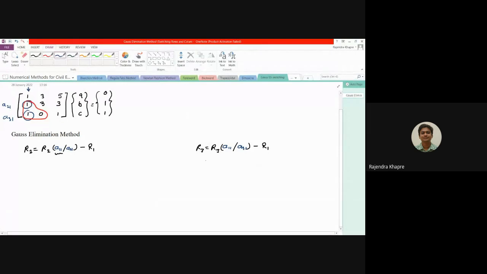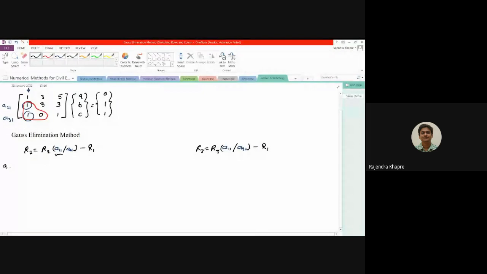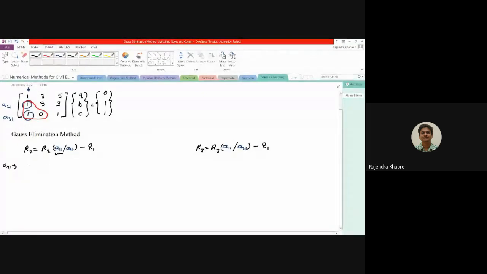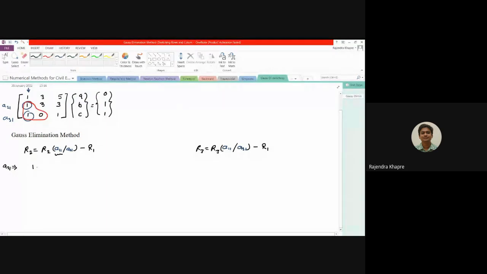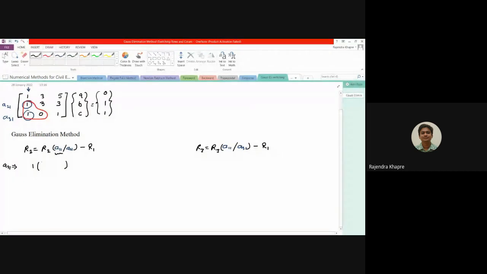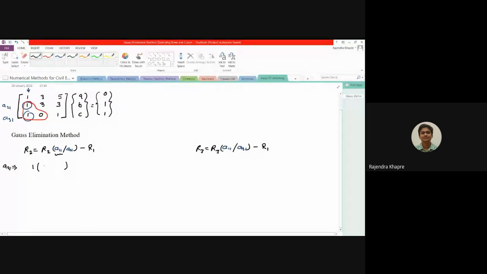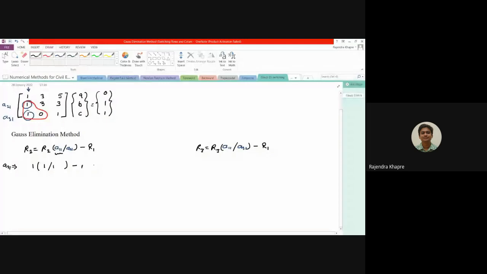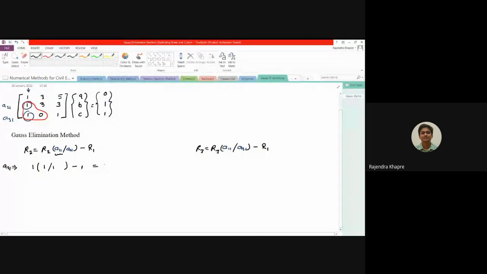Let us try to eliminate one by one. I'm working on the first element, that is a21. So r2 will be 1 into A11. A11 is 1, and A21 is also 1, and minus r1 is also 1. So the new value of A21 will become 0.